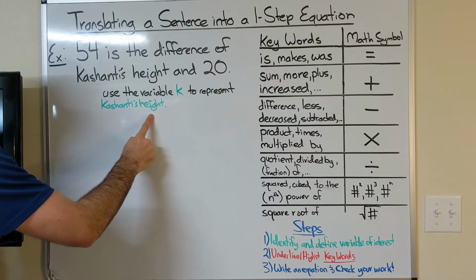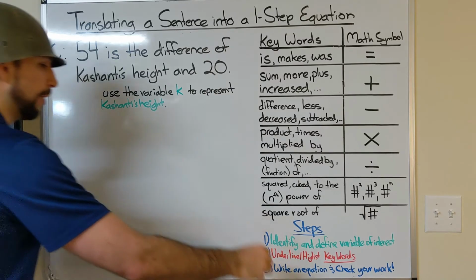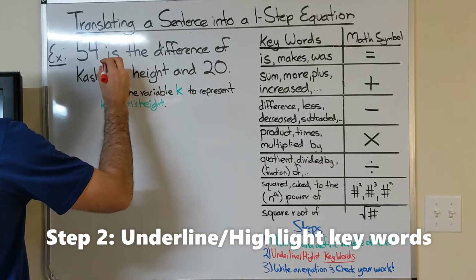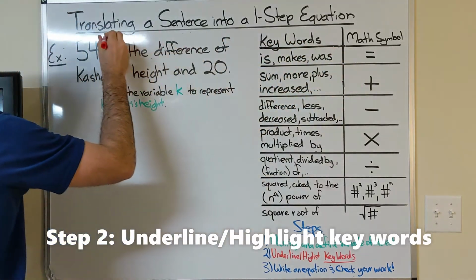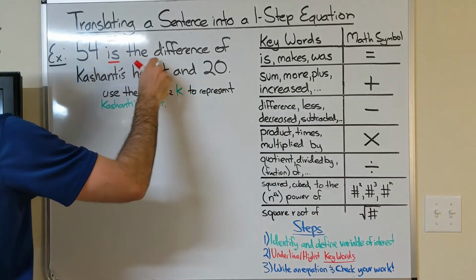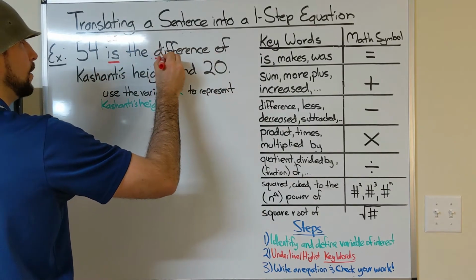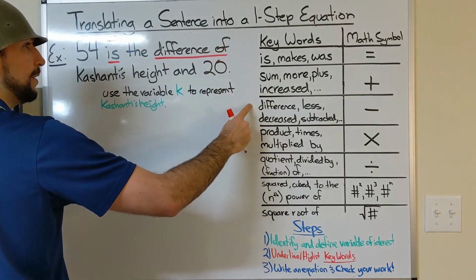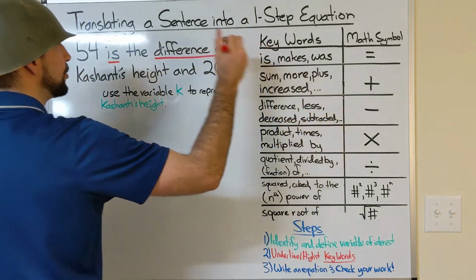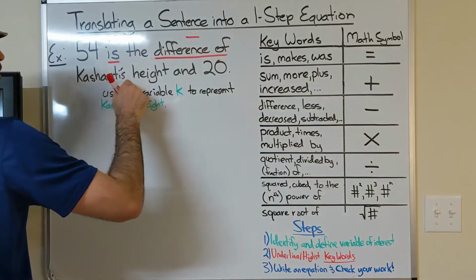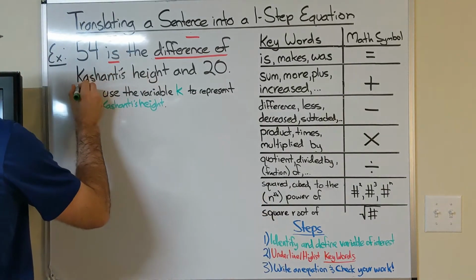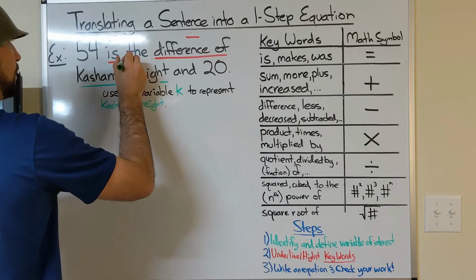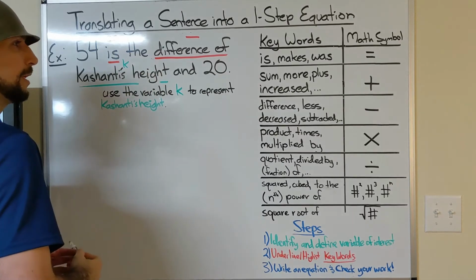Our second step is to underline or highlight keywords. The first keyword I see is "is." Again, "is" is generally going to mean equality. "Difference of" is going to mean subtraction. Kashanti's height, well, we were told that that was the variable of interest, so this is just going to be k, and 20.